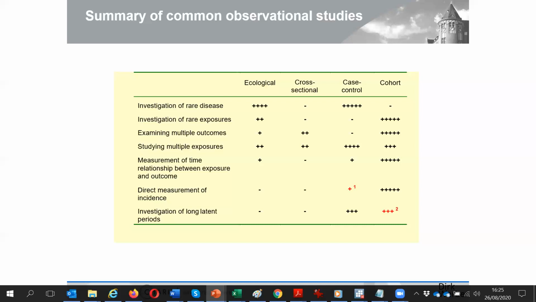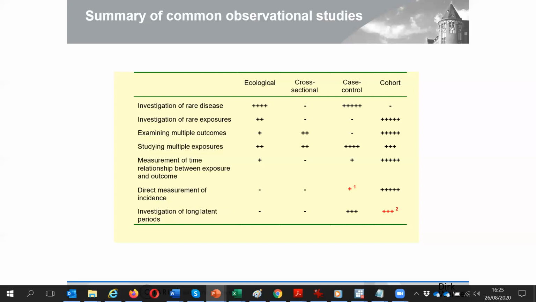In terms of measuring direct incidence of disease, cohorts are also the best. Remember, for cohort you're following up people, and as you follow up, you'll be able to see those who develop new diseases or new conditions.